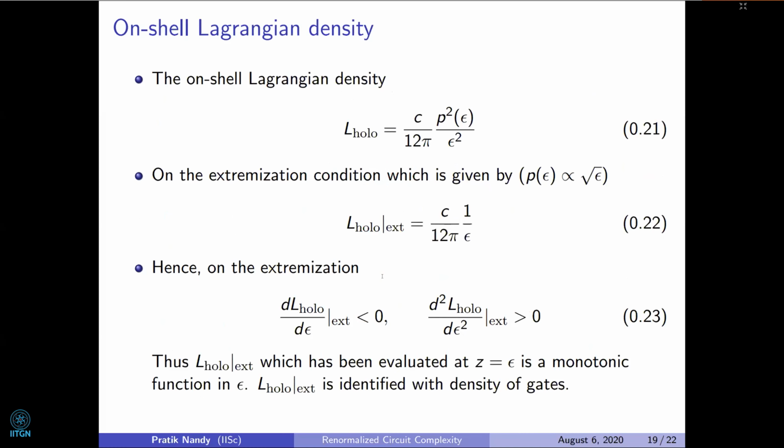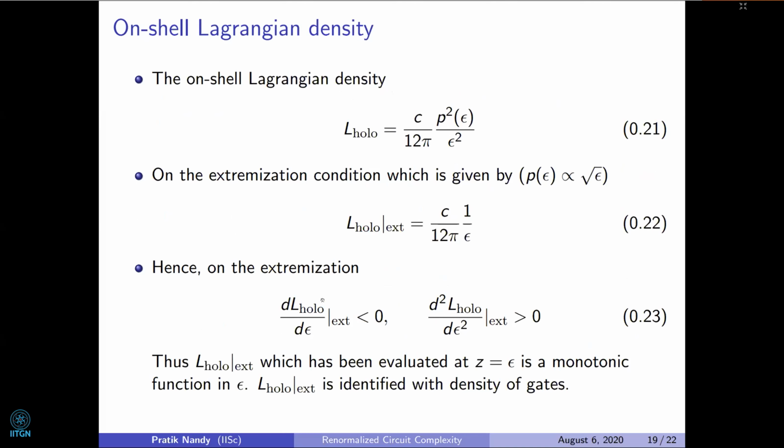To find a holographic interpretation of this density of gates, we first calculate the on-shell Lagrangian density, which from this action is given by p squared over epsilon squared, and on the extremization condition we can evaluate this as just 1 over epsilon.